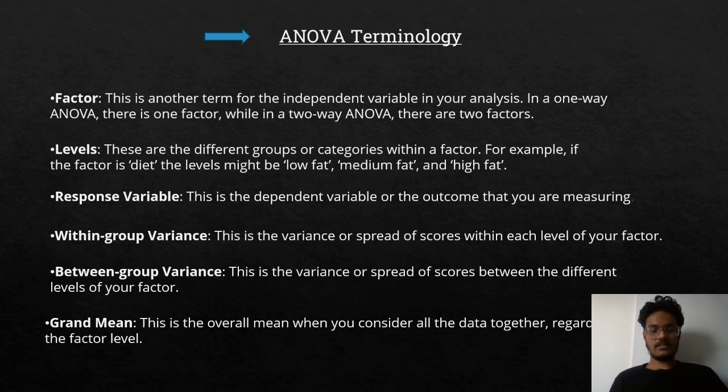This is the variance or spread of the scores within each level of your factor. Next, between group variance. This is the variance or spread of scores between the different levels of your factor. Then grand mean. This is the overall mean when you consider the data together across the factor levels.